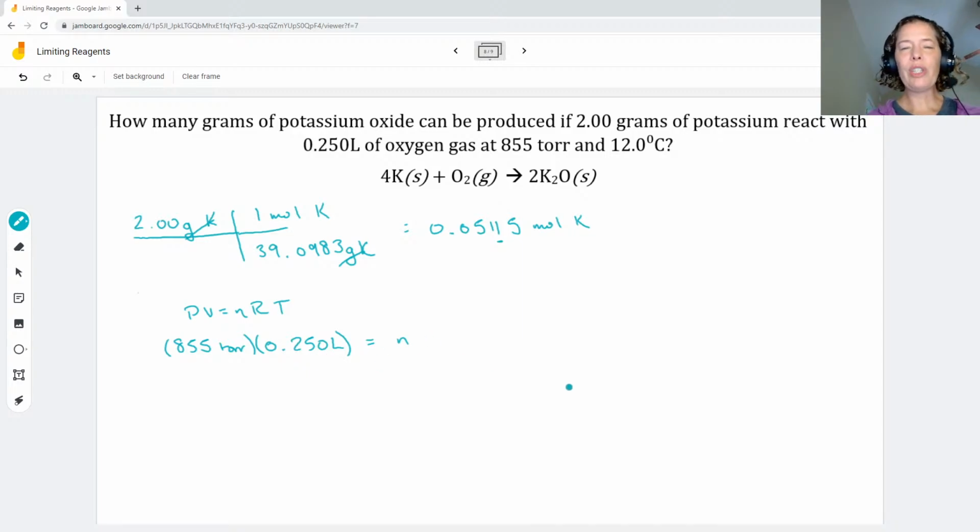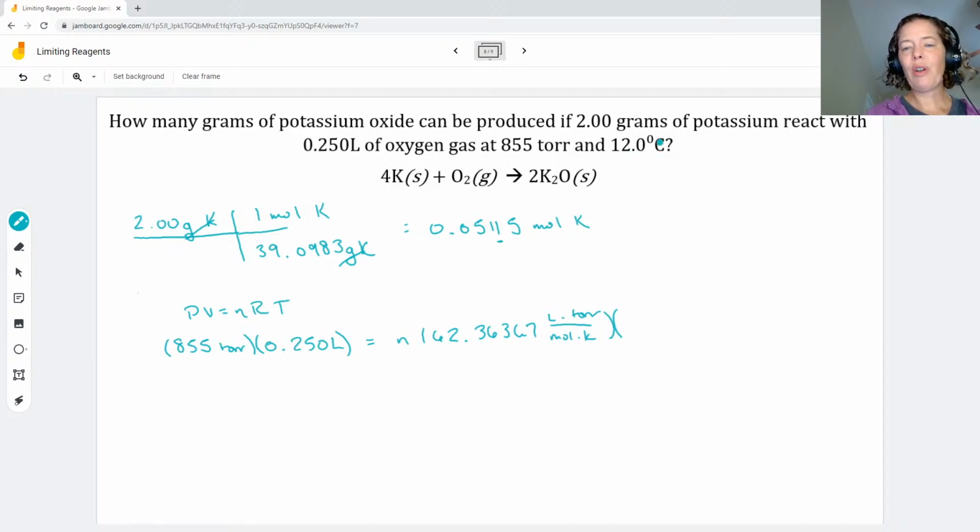For R, what generally drives R are your pressure and volume units. In this case, I have torr and I have liters. So my value for R is going to be 62.36367, and that is liter torr per mole K.